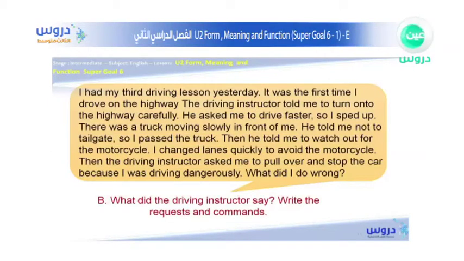What do you think? The first instruction, what is it? Quickly, we want to do this one quickly. The driving instructor told me to turn into the highway carefully. Beautiful. Excellent. Okay. If you are talking about yourself, yes, that's right. The driving instructor told me to turn into the highway carefully.